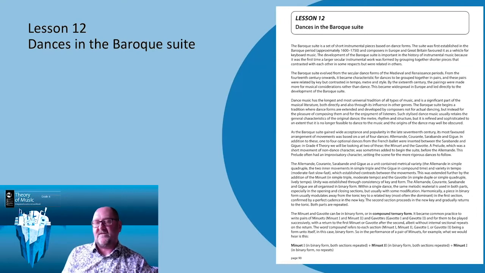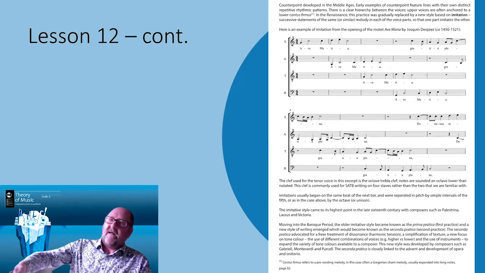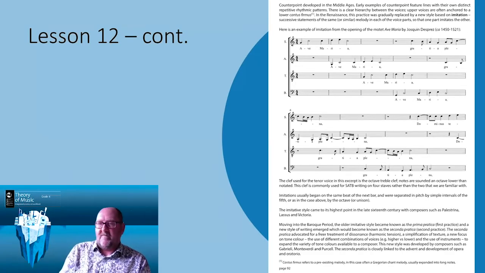But I thought it necessary to explain what counterpoint is, imitation, fugue, all this sort of thing. I've just briefly discussed these things, and it all sort of leads towards the dances in the Baroque suite, and just so students can get an appreciation of what counterpoint is, and how, for example, counterpoint is different to homophony, and just things like that. Fantastic.